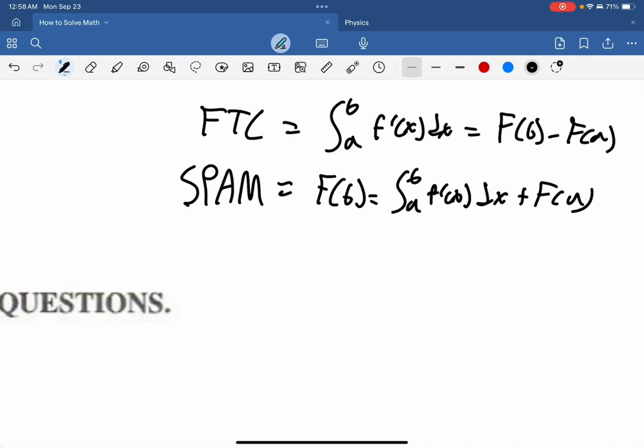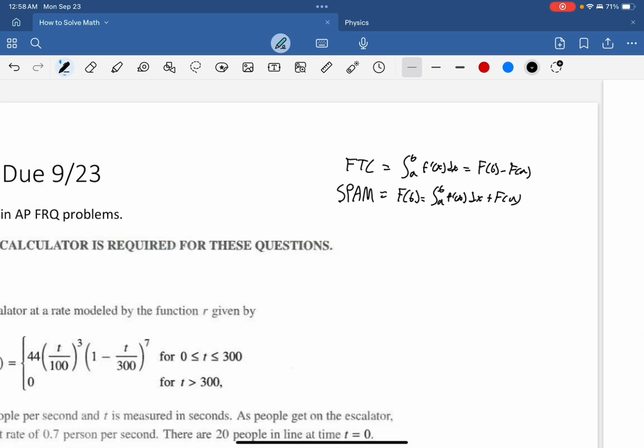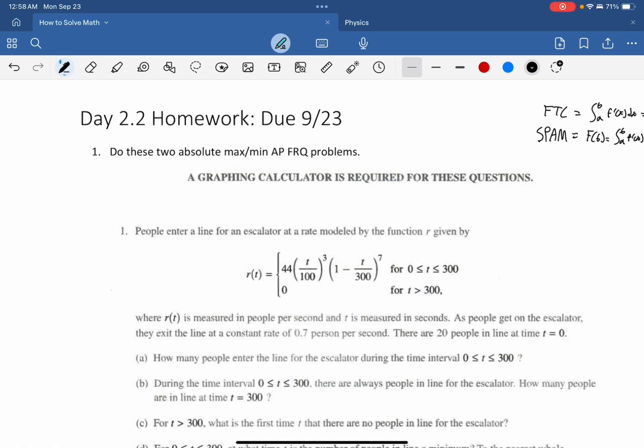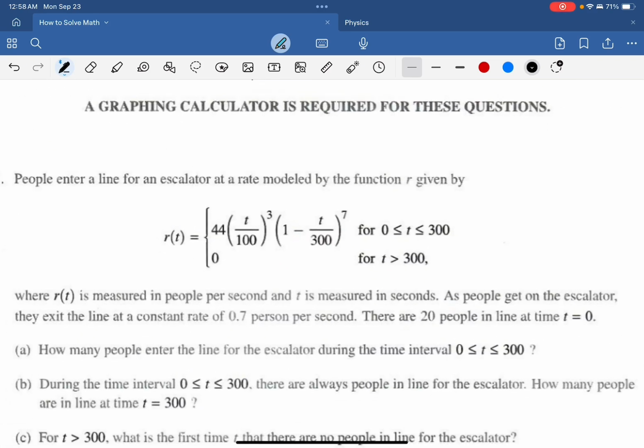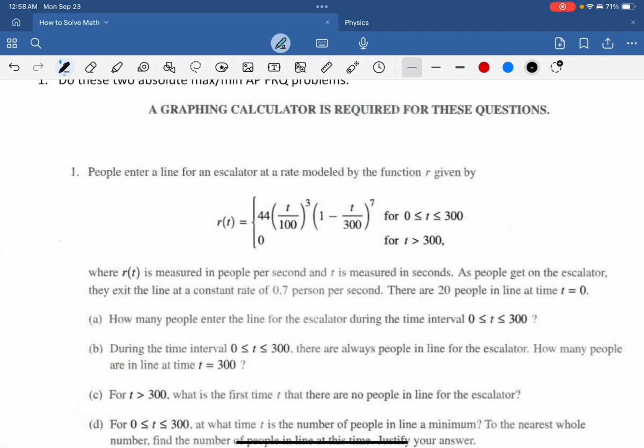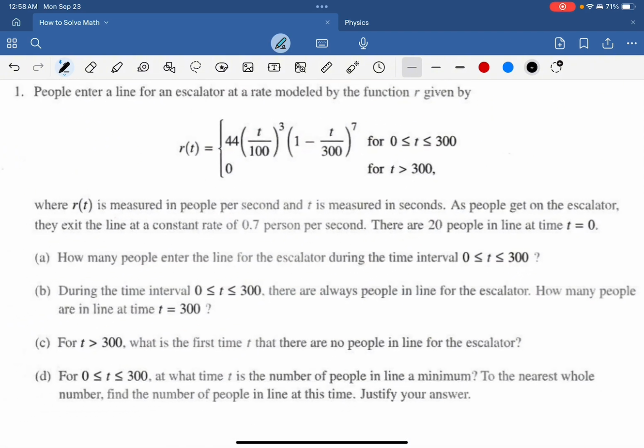There's also a candidates test and absolute max and min with derivatives, which we'll get to when we get there. But first of all, this is our problem here. I'm not going to go over all of this. You guys have the paper, so you can just pause and read this. But the first question here is, how many people entered the line for the escalator during the time interval 0 to 300?